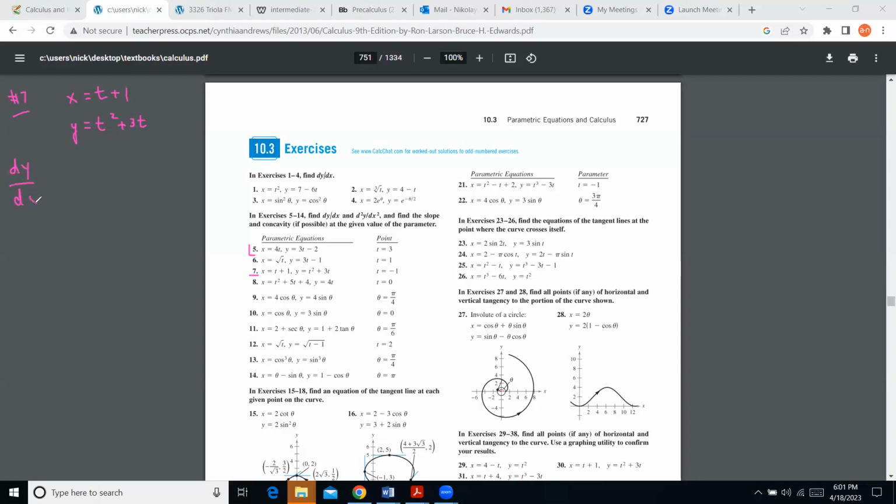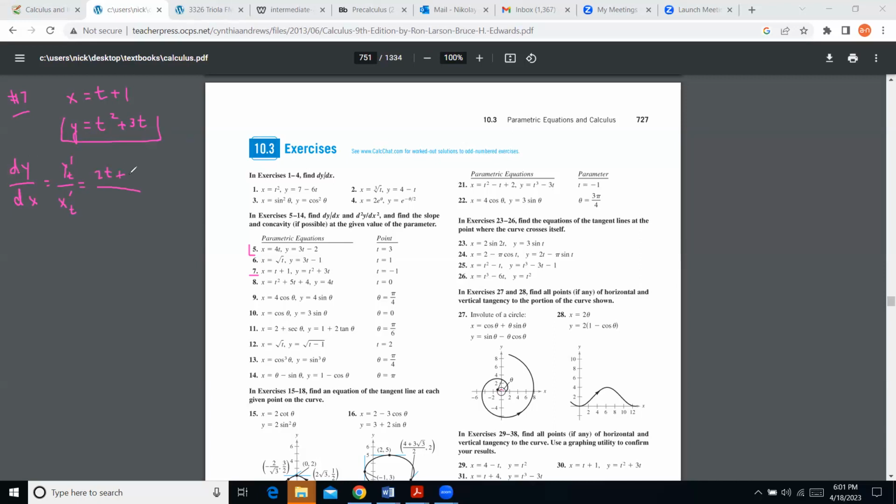And to do this, I'm going to need to take a derivative of y and divide by the derivative of x with respect to t. So sometimes we will put that t on the bottom to show what it is that they're doing. So for the upper part, the numerator, we're going to have 2t plus 3.